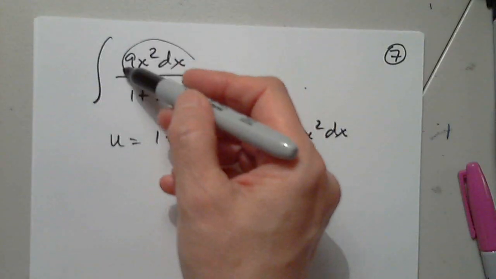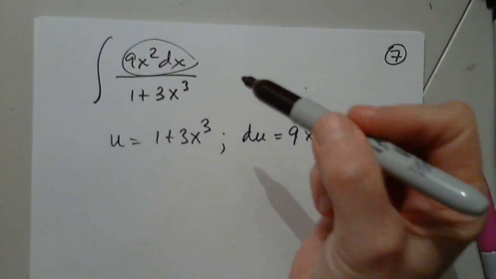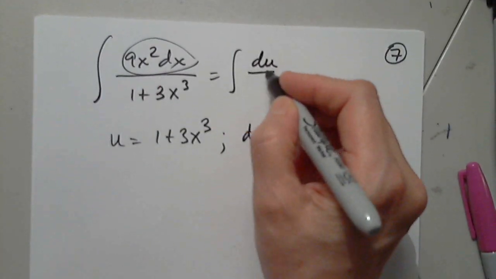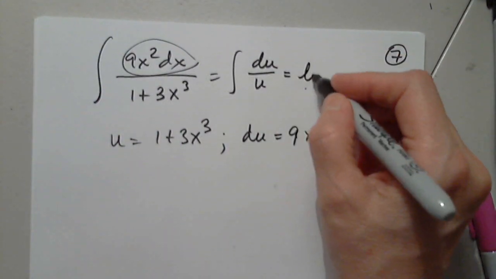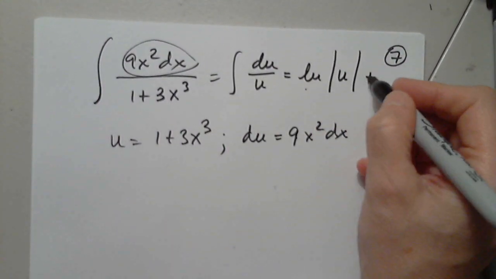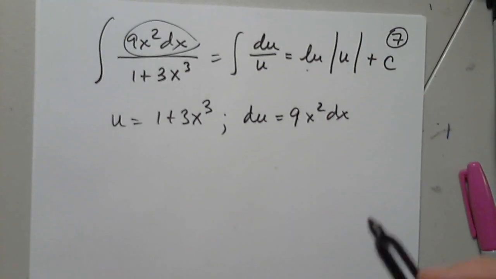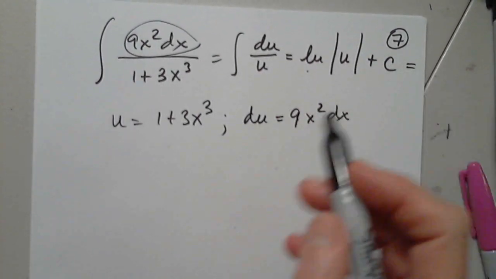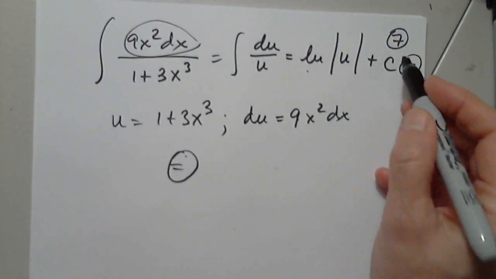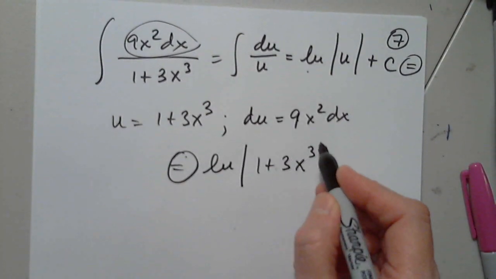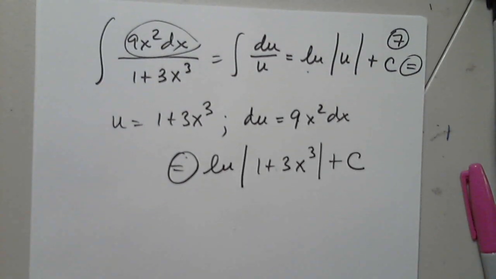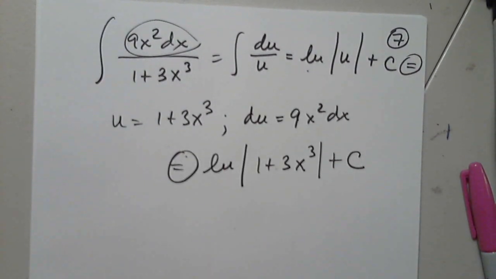So you still have du over u. But this one, because it has power 1 in the denominator, this will be the natural log of the absolute value of u plus a constant c. And you have to go back and plug it in. So you have natural log of the absolute value of 1 plus 3x to the third plus a constant c, if we are to consider indefinite integral.